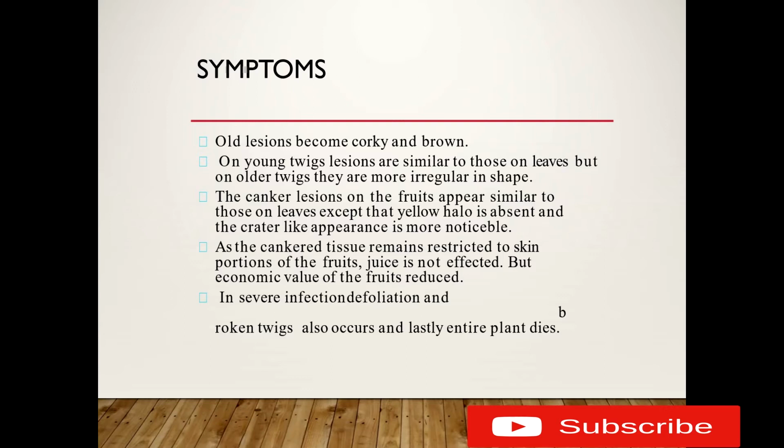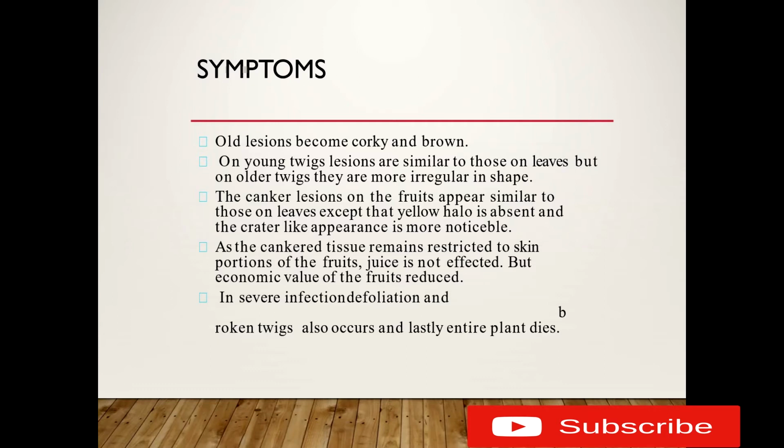When the disease becomes older, the old lesions become corky and brown. If young twigs are affected, the lesions are similar to those on leaves, as a spot initially, but they become irregular in shape.